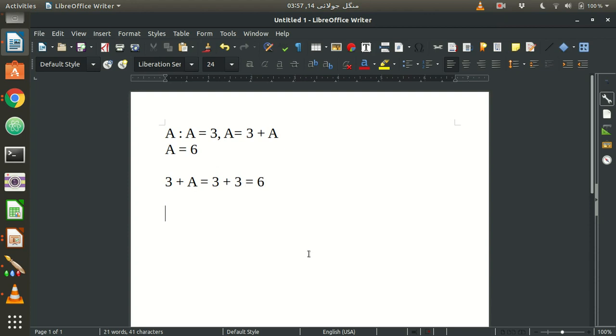What if I have to prove that A is equal to 9? If I have to prove A is equal to 9, then instead of A, I will take rule number, let's say if I label it, this is rule number 1 and this is rule number 2. So I will use rule number 2.